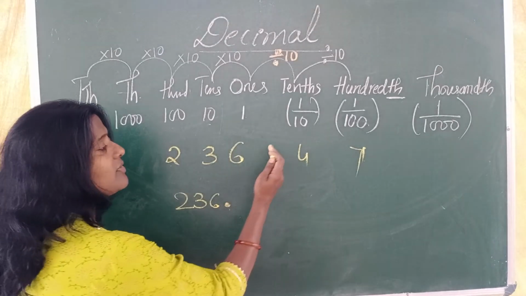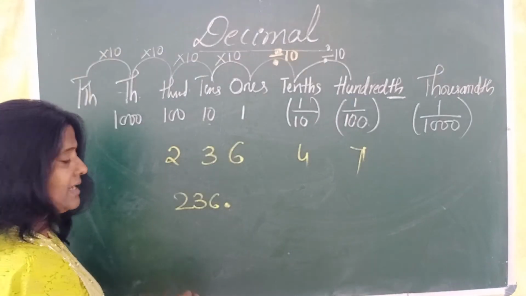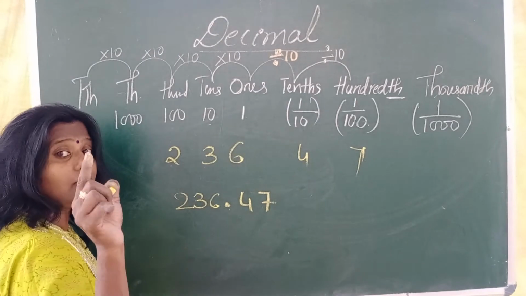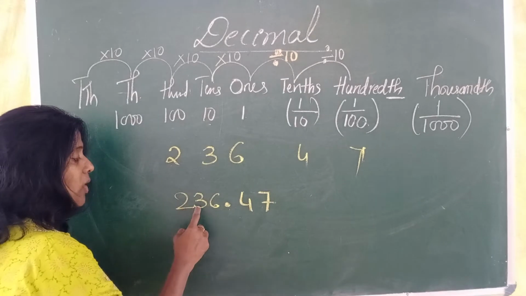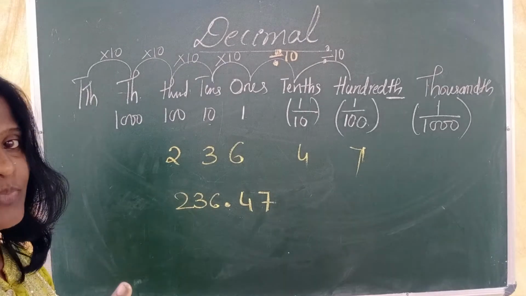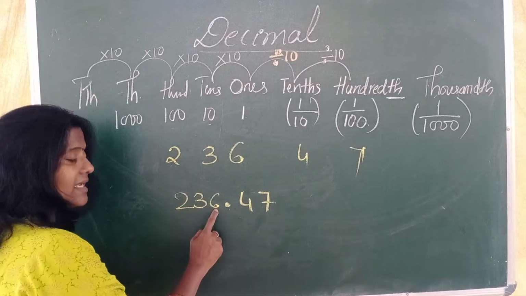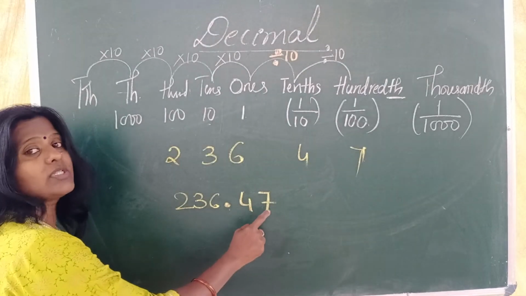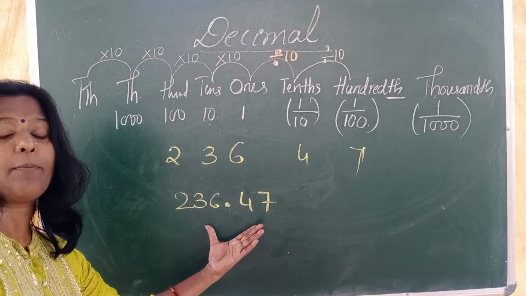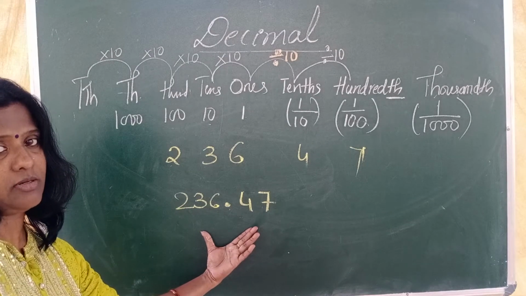After putting the point we write the tenths and hundredths places. So 4 and 7 we write here, and you read it as 236.47, not 47. Okay, so this is how we represent a decimal number.